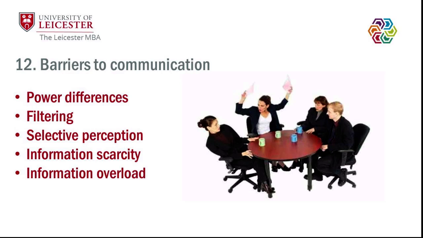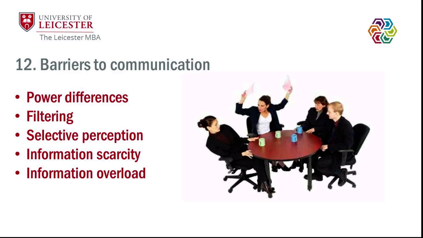It may be felt that if there's a significant power difference between the parties to communication, the discussion is not genuine and it's conducted from the point of view of a particular vested interest. So the superior may think that the subordinate is putting on a show to be seen in a good light, and this can lead to filtering or selective perception.